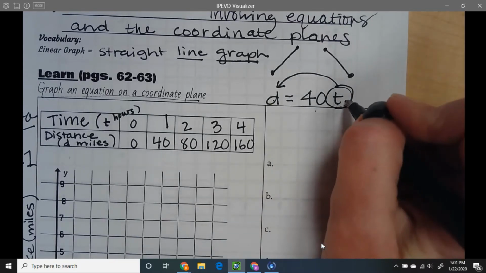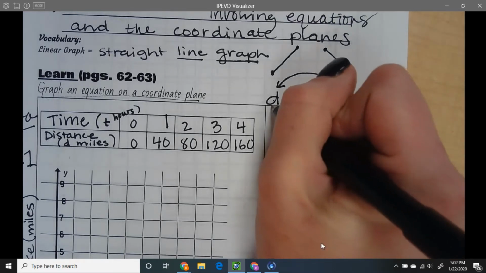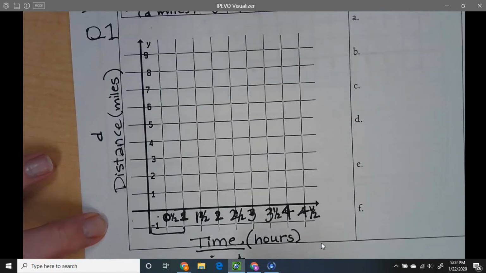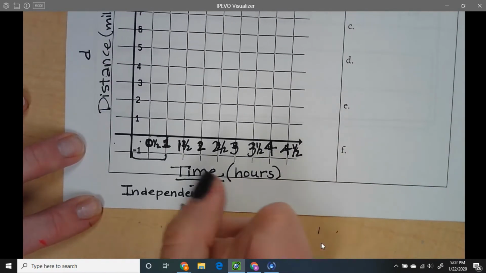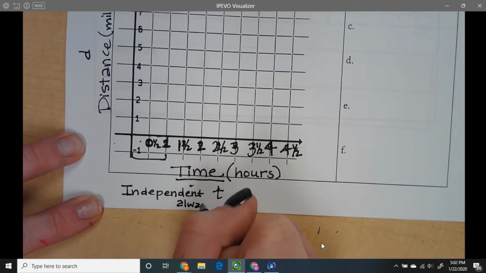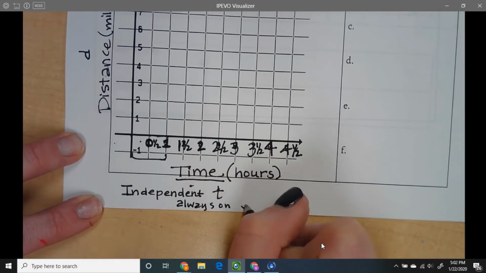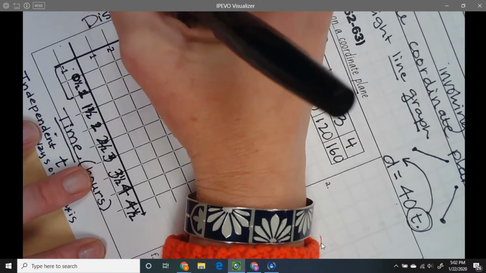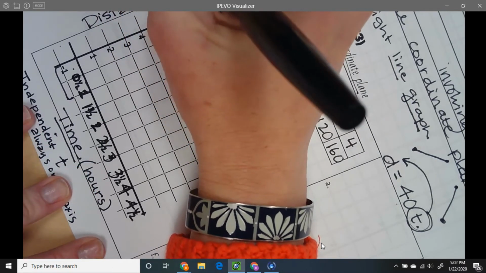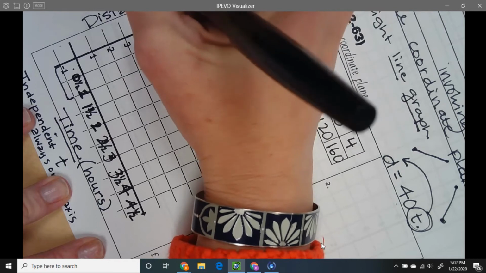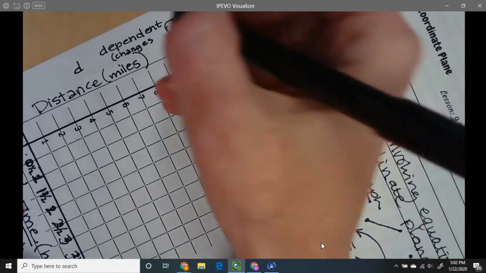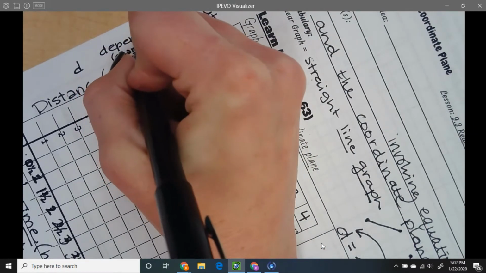So this is the independent variable, and this is the dependent variable. It will change based on that. The independent variable always gets graphed on the x-axis, and the dependent variable would always be on the y-axis. We know it's dependent because it changes based on the independent variable.